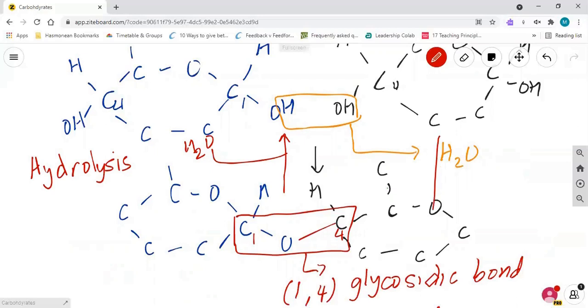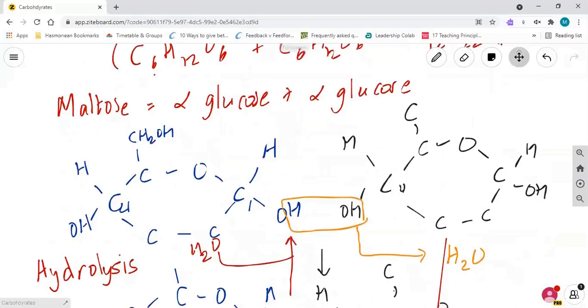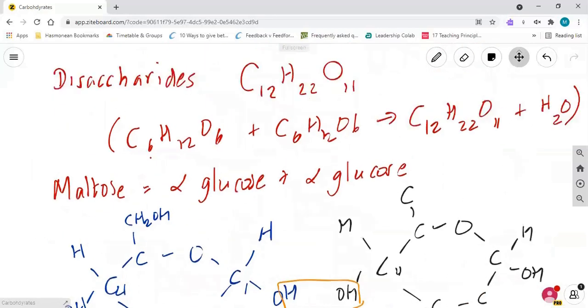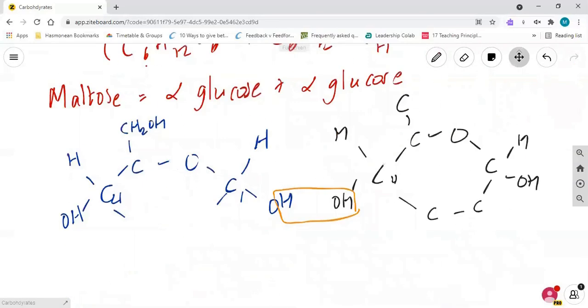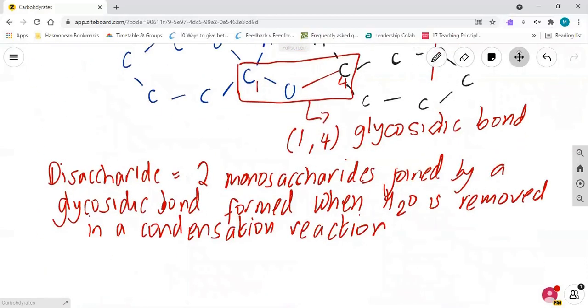Okay, so if you go back to the chemical reaction here, obviously if you want to go in the other direction, which you can do, then you're going to need water for that reaction. That's your condensation reaction in that direction and your hydrolysis reaction in that direction. So maltose is alpha glucose plus alpha glucose.